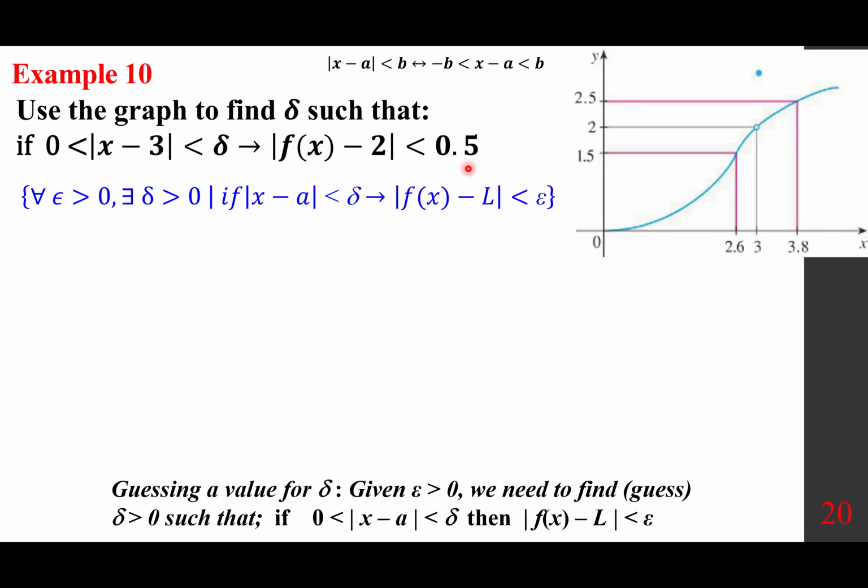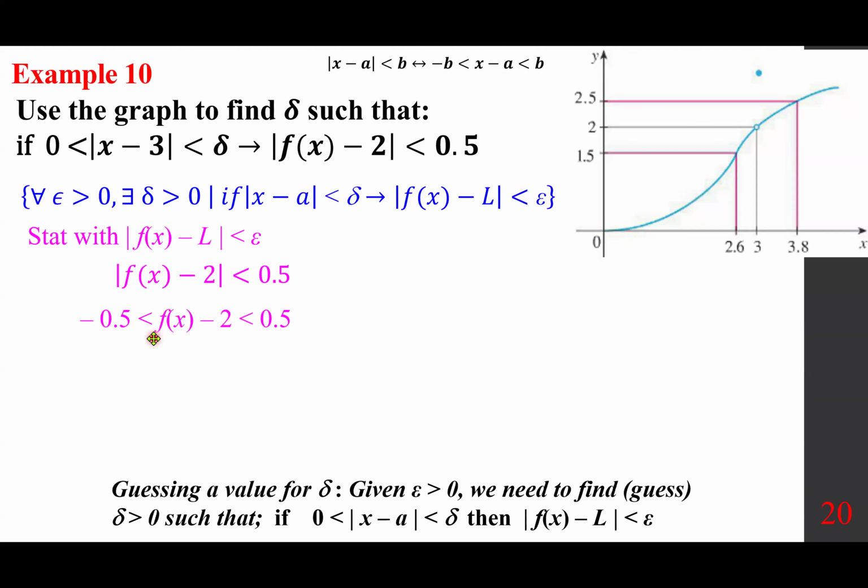If you want to go look at the proof, you start from here, and you write what you have. The absolute value of f of x minus 2 is less than 0.5. This is what we have. By the methodology mentioned here regarding the absolute value, drop the absolute value, make it between negative and positive 0.5.